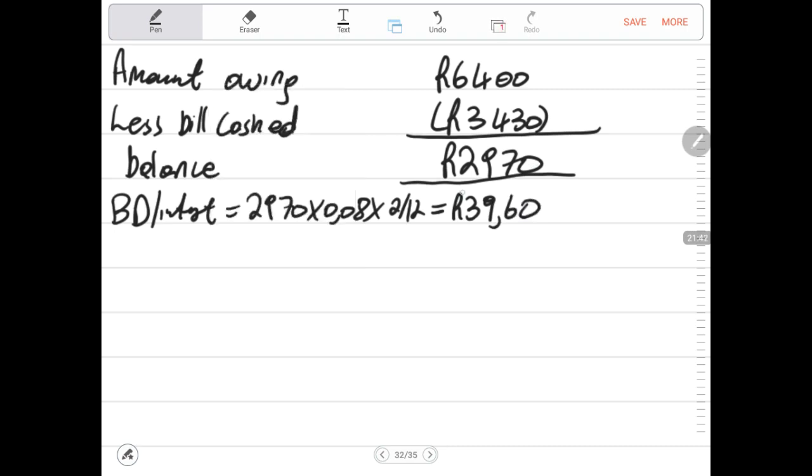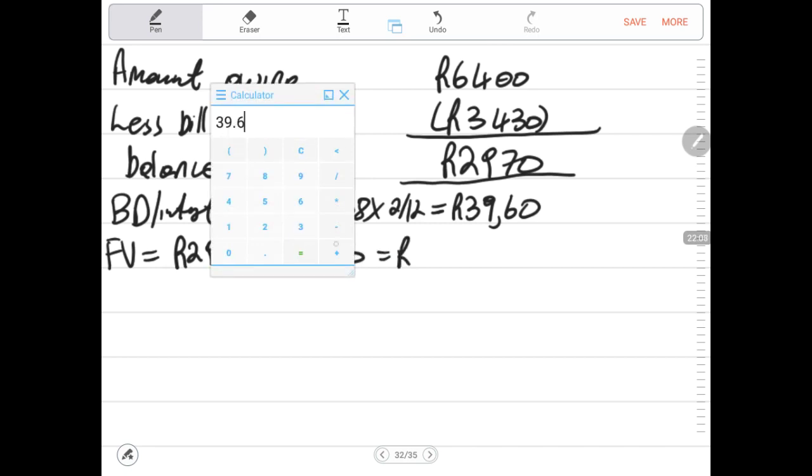So now if this is the interest that will be charged by the bank, then we need to add the interest to the amount that is owing in order for us to get to the face value of the bill. That means the face value of this new bill will be 2,970 plus 39 rand 60 cents.